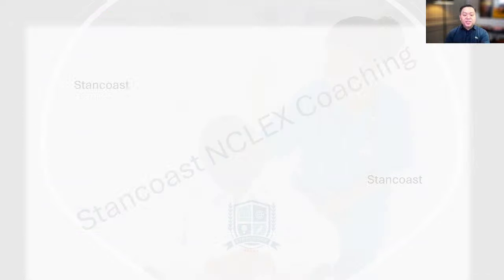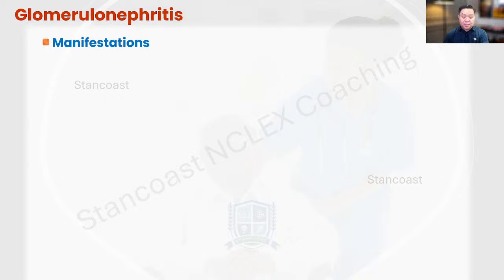Now, we're going to talk about the expected manifestations or clinical findings of the glomerulonephritis. So one of the common reports that you will hear from the patient is the anorexia and also the nausea and vomiting, right? These are the topmost reports, which are actually caused by the buildup of waste products in the blood, the uremia.